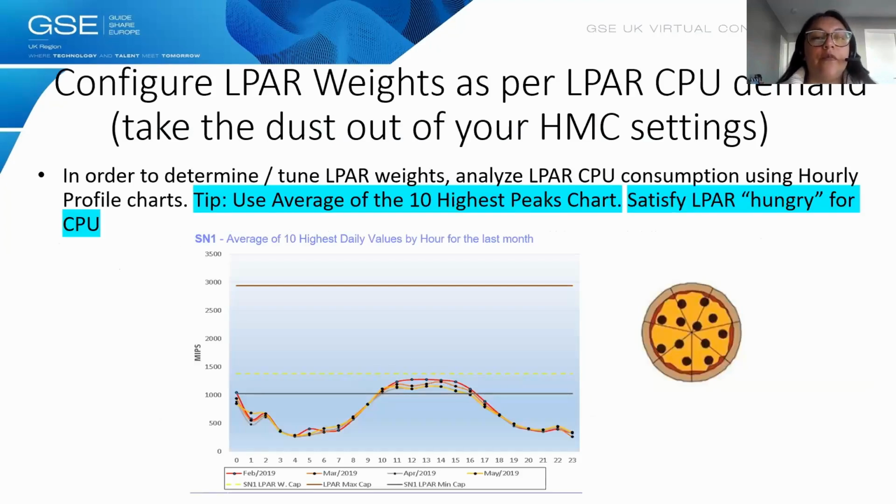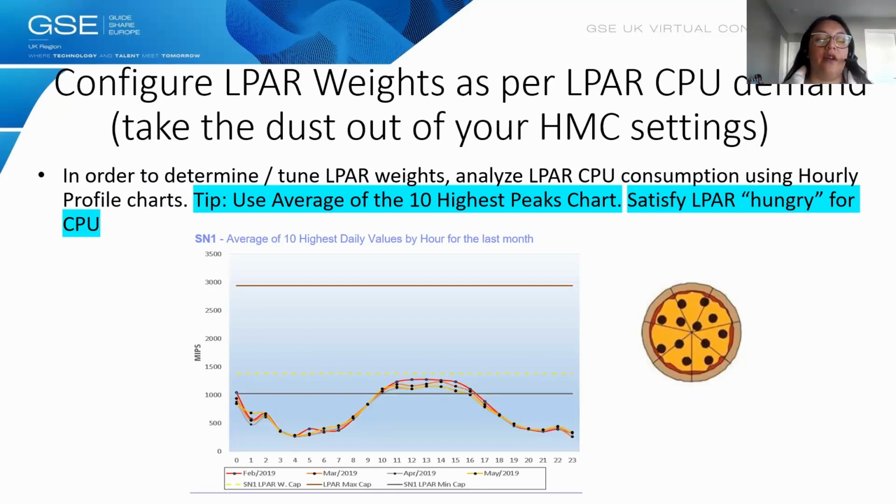The other good tip that I was going to talk about here: configure LPAR weights as per LPAR CPU demand. Sounds silly, but what happens is, for example, if you have an environment set up for 2 or 3 years, you at first did a nice analysis and set up the LPAR weights carefully on the HMC, but as time goes by, the demand or the LPAR hunger for CPU might increase, right?